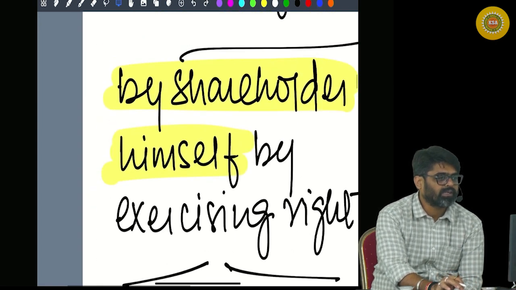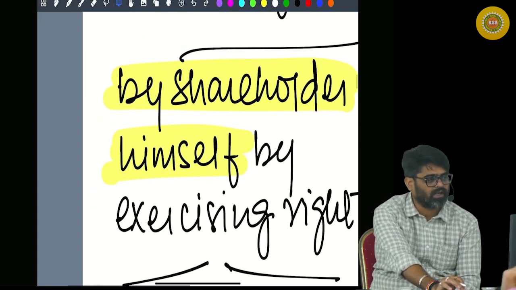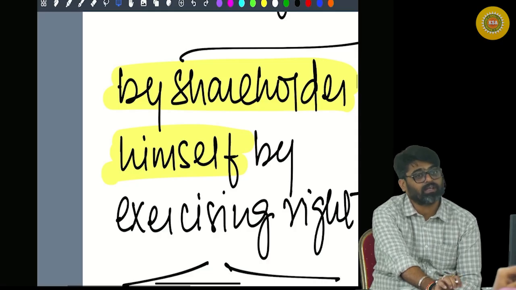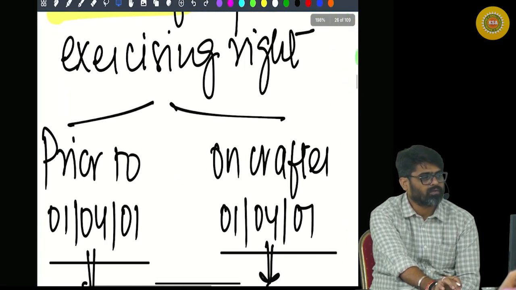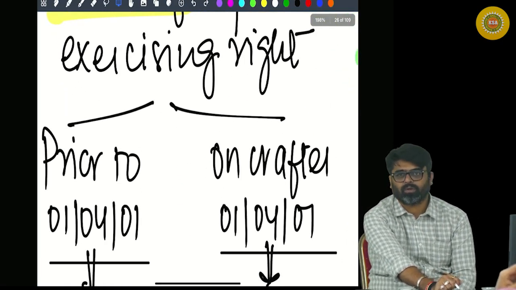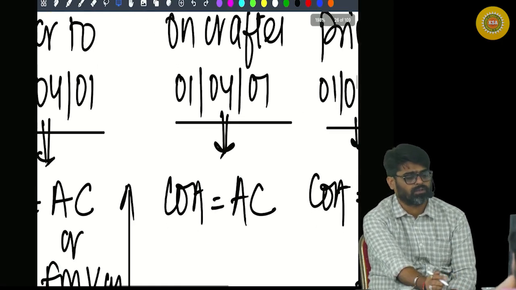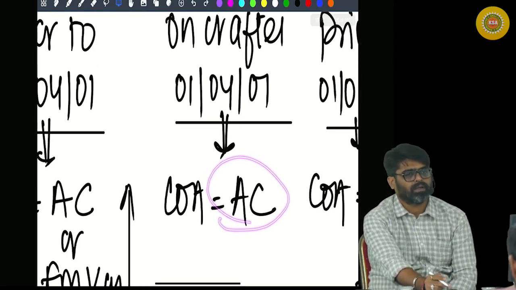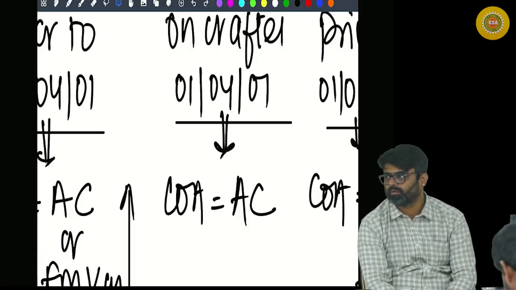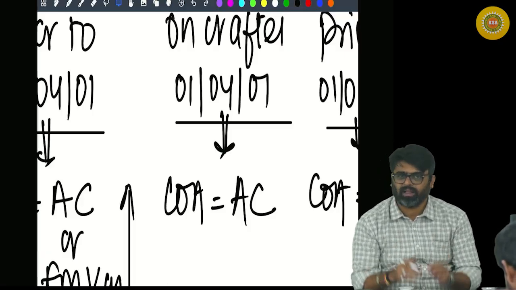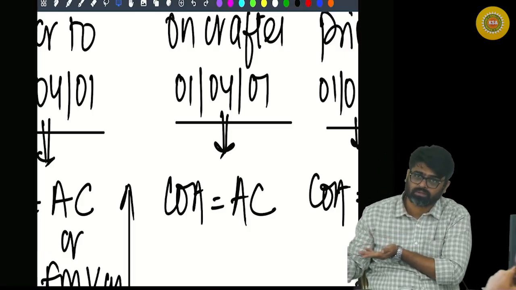What if the right shares were acquired by exercising the right on or after 1st April 2001? Actual cost, the amount paid to the company, 300 rupees. Apply some logic, you will get the cost.